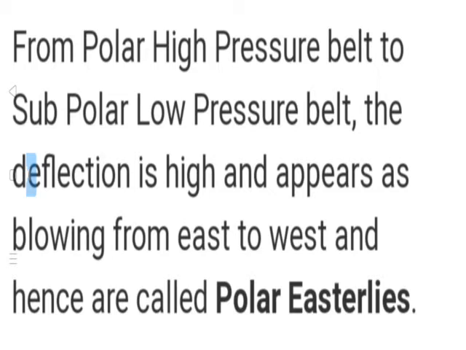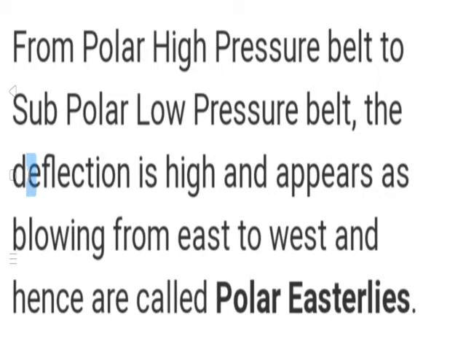This system of pressure belts that we have just studied is a generalized picture. In reality, the location of these pressure belts is not permanent. They shift northwards in July and southwards in January, changing position of the sun's direct rays as they migrate between the tropics of Cancer and tropics of Capricorn.